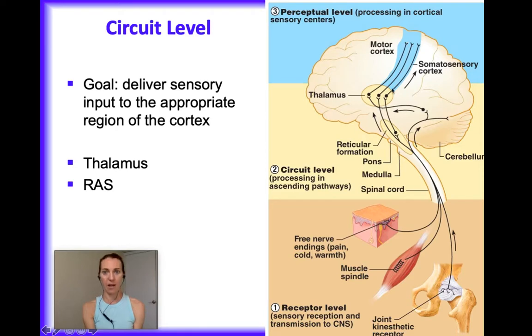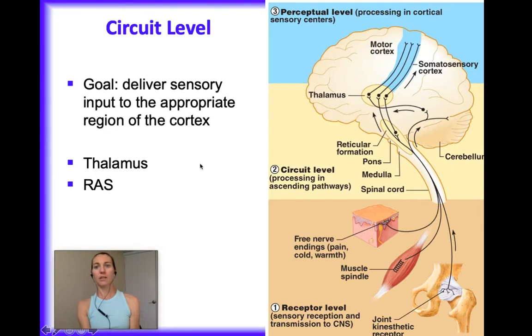And we have our thalamus to thank for routing that information to the correct region. The thalamus would also be responsible for routing visual input to the occipital lobe, for routing auditory information to the temporal lobe. But again, we're just focusing on the somatosensory input here.